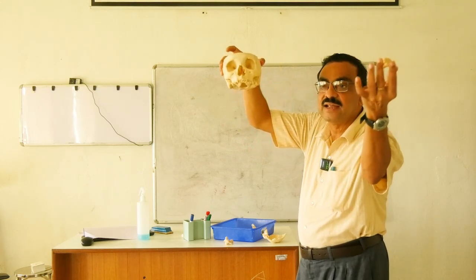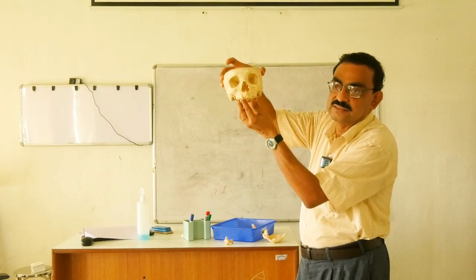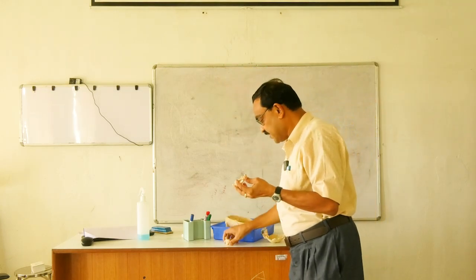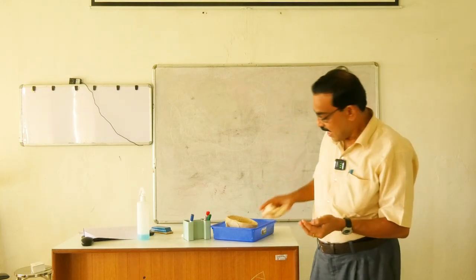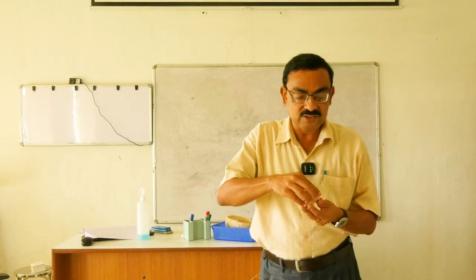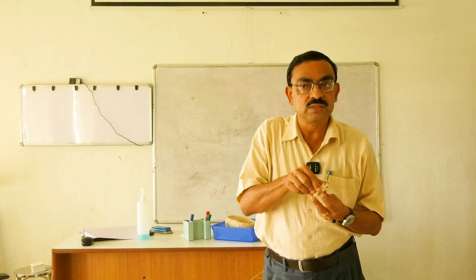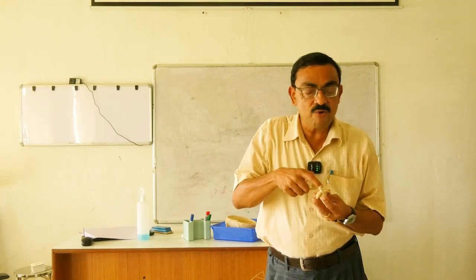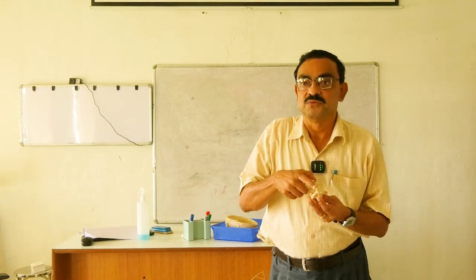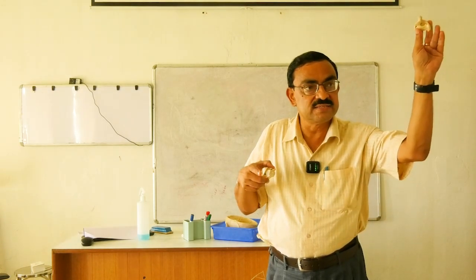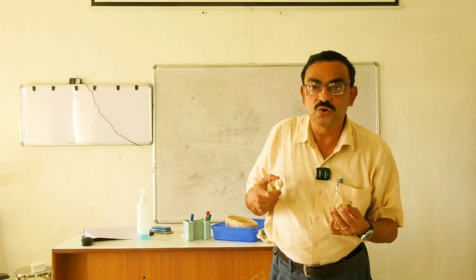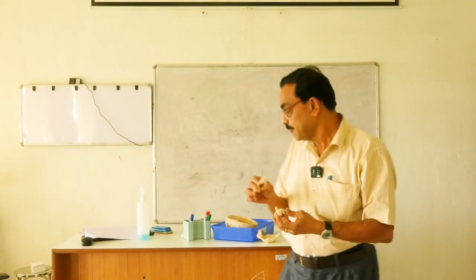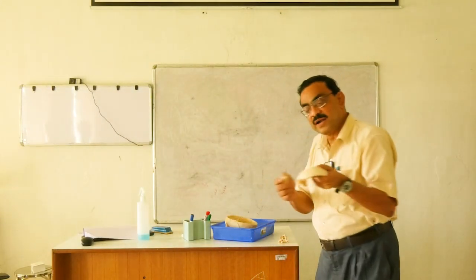This is the atlas, the first one. And the second one, with this bone and the atlas, the whole thing rotates around this projection, which is called the axis, and this projected part is called the odontoid process.